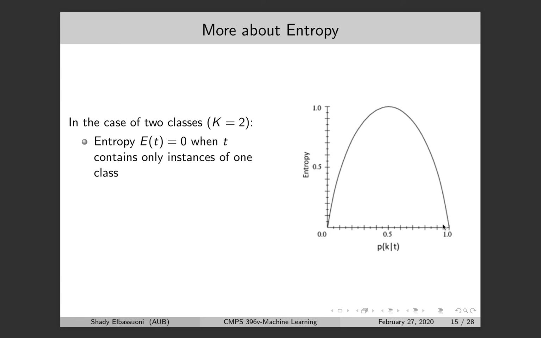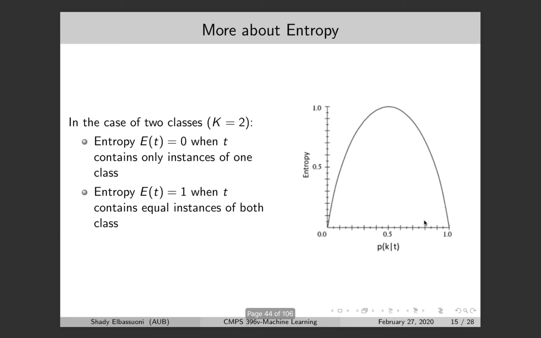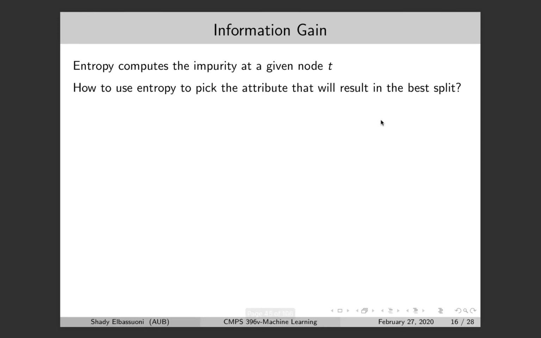Here, the entropy is equal to 0 when I have Pk of T equal to 0 or Pk of T equal to 1. And it's equal to 1 in the middle, when T contains equal instances of both classes. So it's very impure. So entropy computes the impurity at a given node T.